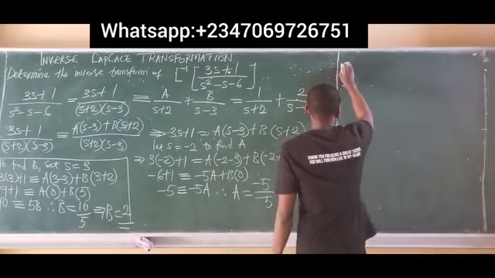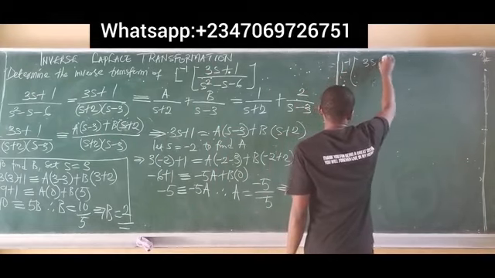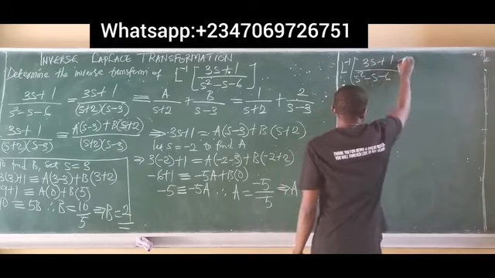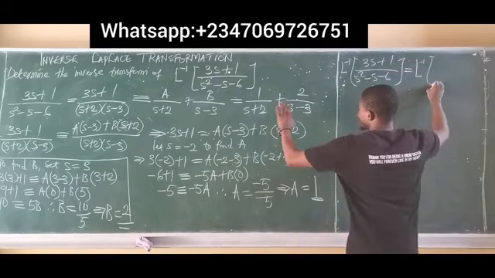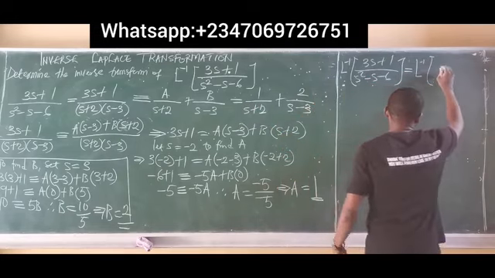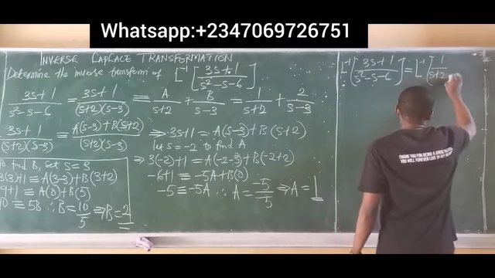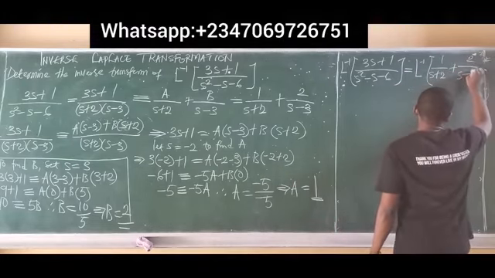Hence, the Laplace inverse of the compound fraction 3s plus 1 all over s squared minus s minus 6 is simply equal to what? The Laplace inverse of their simple fractions or their partial fractions, which is 1 all over s plus 2, plus 2 all over s minus 3.